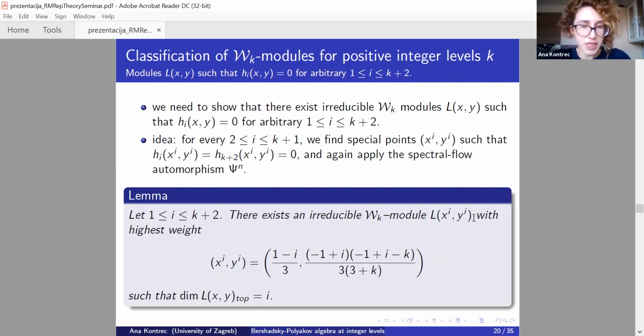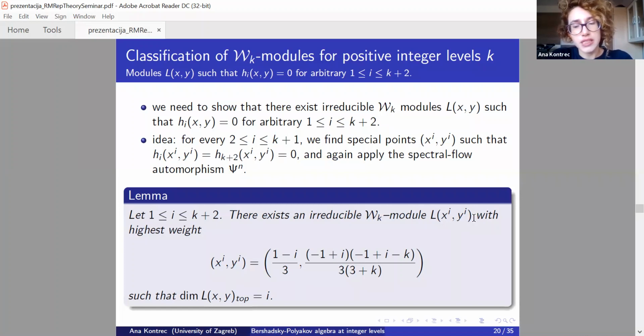So what do we get from this? We get one point, a pair xi, yi, for which L xi yi is in fact a module.